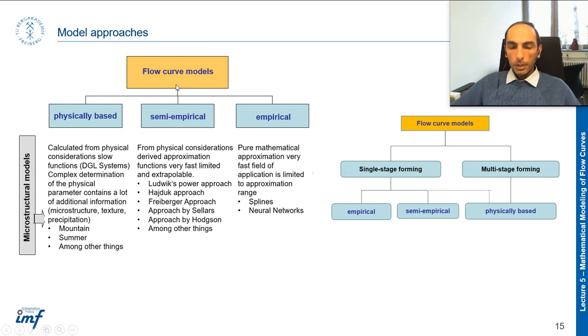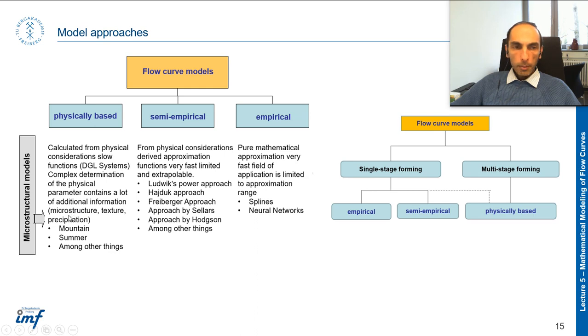So based on what I said, we may have different approaches for modeling the flow curve or flow behavior of material. The first approach is physically based models or physically based approach. In this case, the flow stress is calculated from physical considerations.